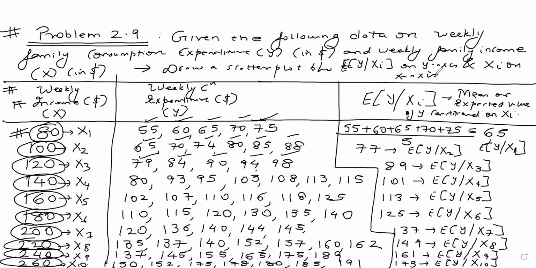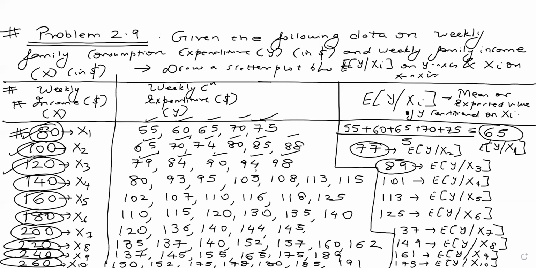So all of you know how to draw a scatter plot. Basically, you plot the points. You plot 65 on the y-axis with 80 on the x-axis, 77 on the y-axis with 100 on the x-axis, 89 on the y-axis with 120 on the x-axis, and so on. And you join all the points.